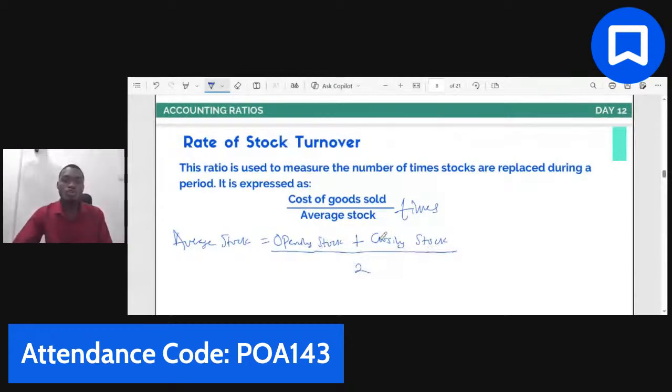Opening stock plus closing stock divided by what? Divided by 2. Alright, so this is what gives you your average stock.